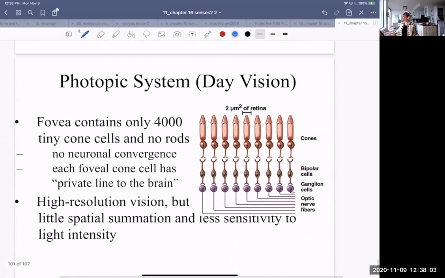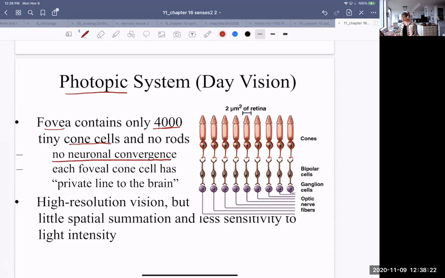The daytime system is called your photopic system, day vision. In the fovea, that's where all your cones are, there's only about 4,000 little cone cells, no rod cells. And what's important, there is no convergence.